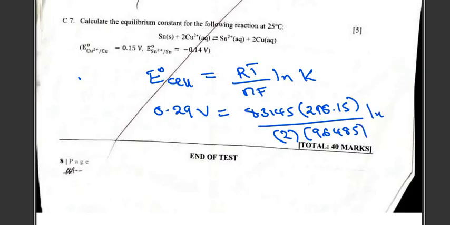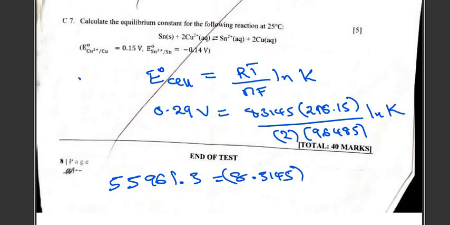We're looking for ln K. So now we're going to just do cross multiplication, which is 0.29 times 2 times 96485. This is the same as 55961.3, which is equal to 8.3145 multiplied by 298.15, then ln K.